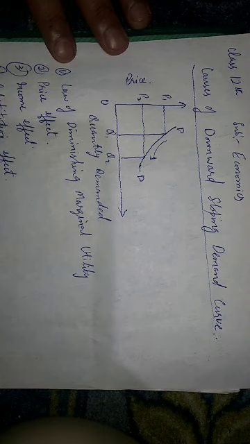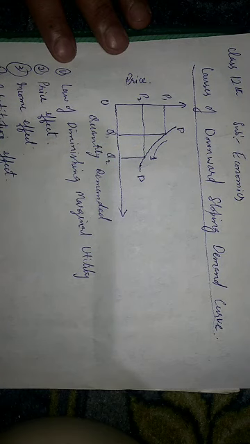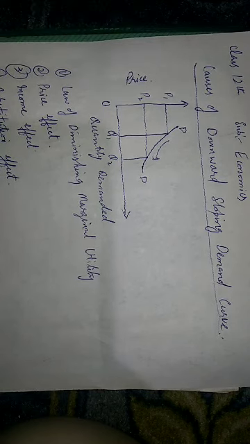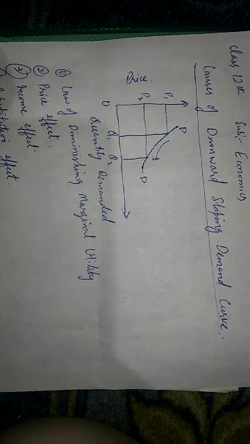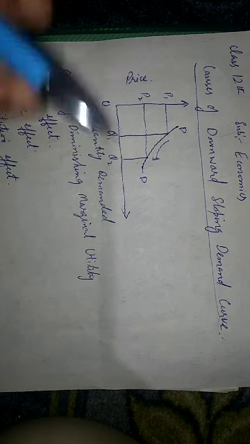The main reason for the downward sloping of a demand curve, number one, is the law of diminishing marginal utility. The law of demand is based on the law of diminishing marginal utility. According to this law, when a consumer buys more units of a commodity, the marginal utility of that commodity continues to decline.